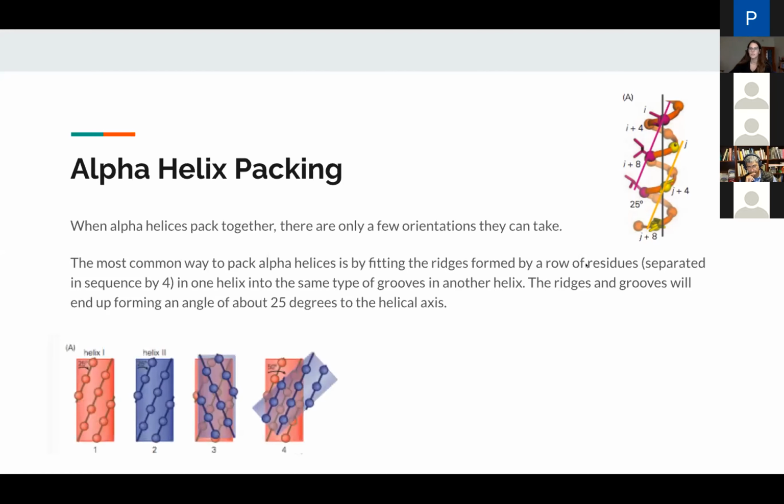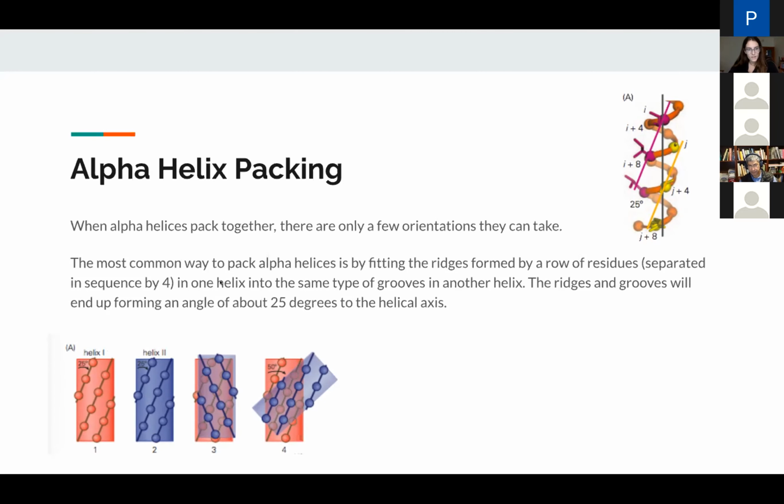These ridges and grooves will end up forming an angle of about 25 degrees to the helical axis. If you're looking at these photos, the helical axis is going straight up and down, and then the curvature will be coming around from each dot on one line to the dot on the next line.